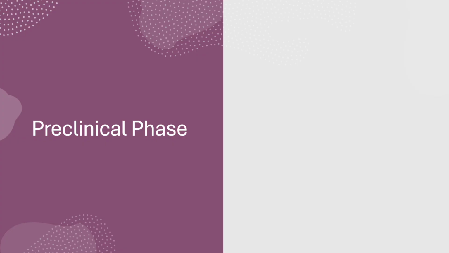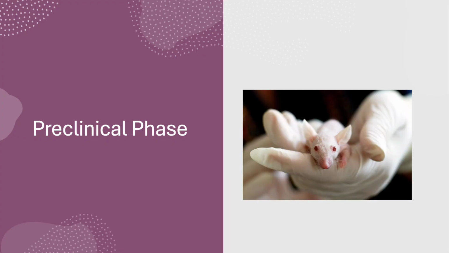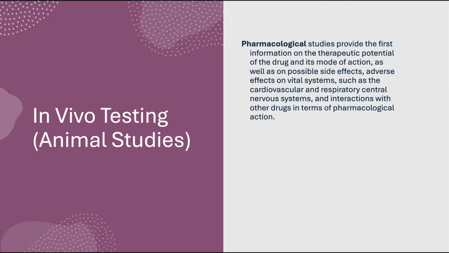In vivo testing. Once the drug shows promise in the lab tests, it moves to in vivo studies, which are carried out in animals. This is required by regulatory agencies before human trials can begin. In vivo testing targets three main features: pharmacological, pharmacokinetic, and toxicological effects.